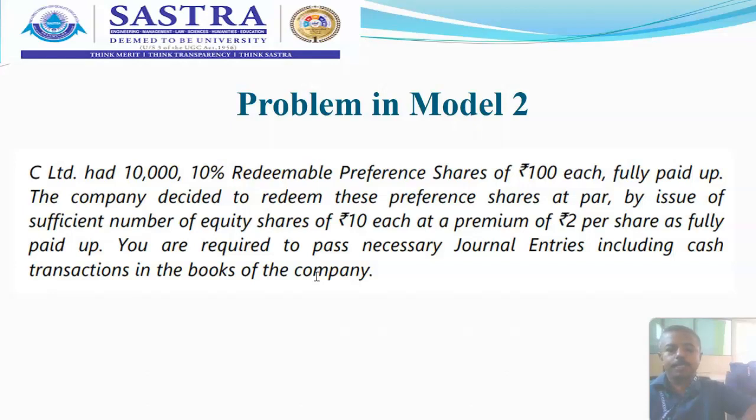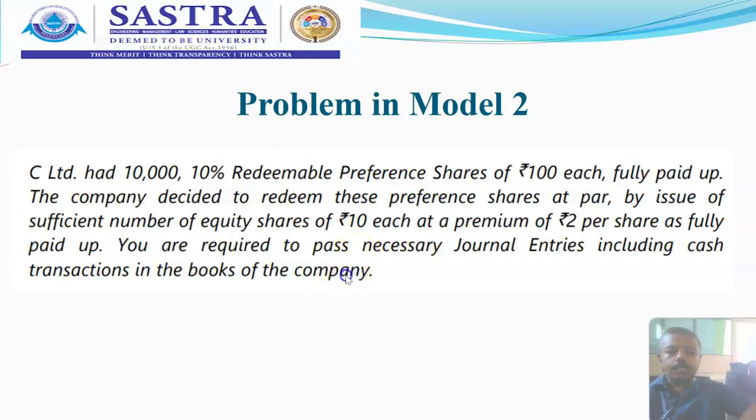Now the due entry needs to be passed. After the due entry only, we go for the payment entry. So what is the payment entry? Preference shareholders account debited to bank account, rupees 10 lakhs. Please note here also that the securities premium of 2 lakhs which we collected extra on the first issue of shares is not supposed to be used for the purpose of redemption.